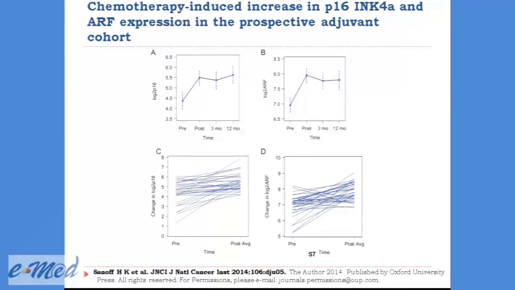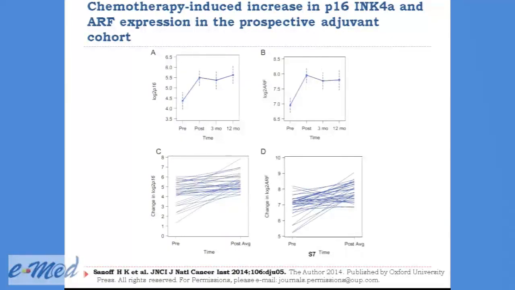There are several typical proteins that are elevated and upregulated during the senescence process. The typical ones are, for example, P16, INK4A, and ARF, which represent DNA damage during the senescent process.